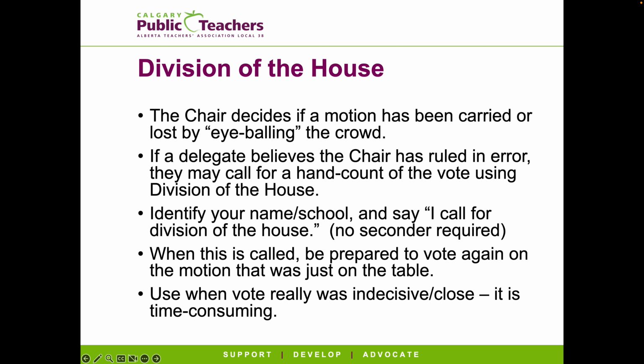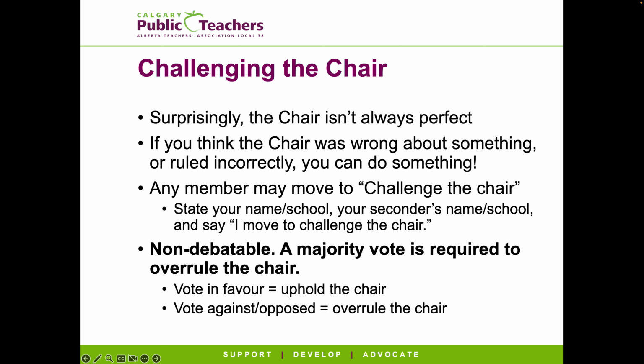Typically, this would be used when the vote was really indecisive or quite close. It is time consuming, so you don't want to do this for every motion. But again, if you believe something was ruled the wrong direction and the chair got the count wrong, that's when you would do this.